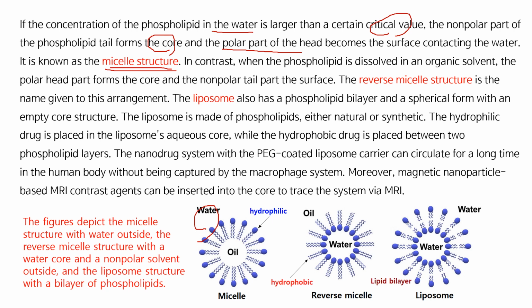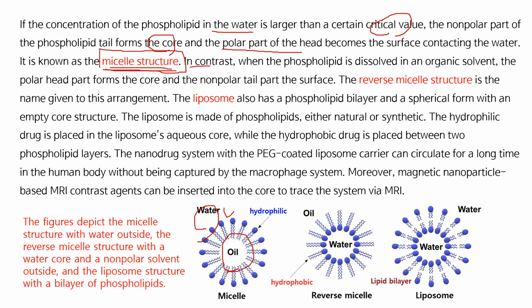So the polar part becomes the surface containing the water here, and the non-polar tail part forms the core here. So this is called the micelle structure.